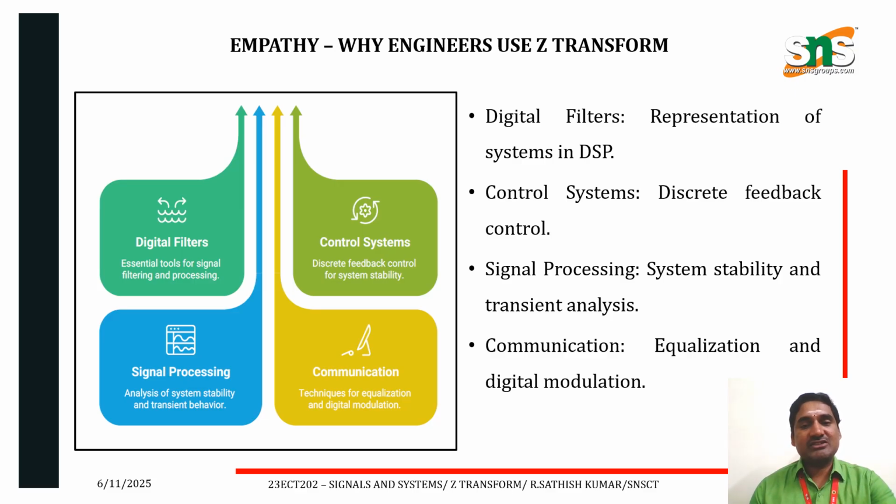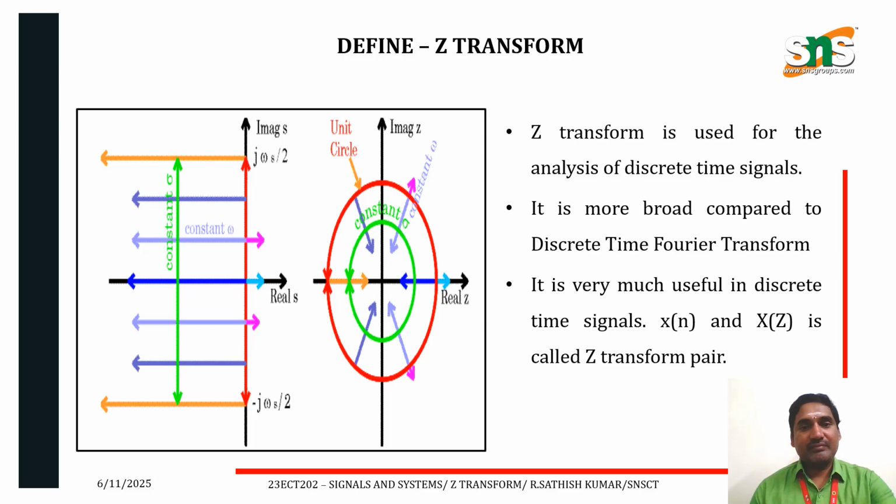It is the representation of systems used in DSP. In control systems, discrete feedback is used for system stability. In signal processing, it is used for analysis of system stability and transient behavior. In communication, it is used in techniques for equalization and digital modulation.